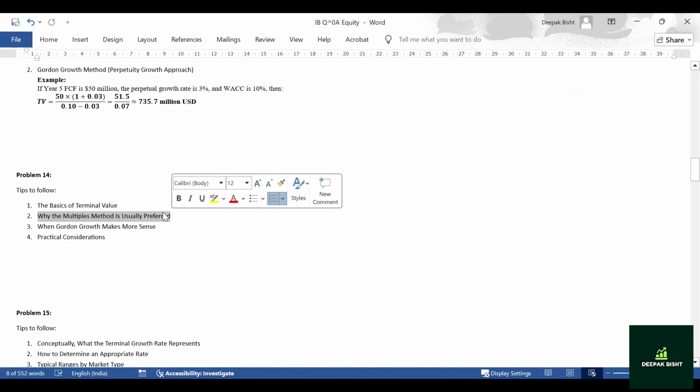The availability of data is also there. It's easier to find market multiples than to estimate a precise long-term growth rate decades into the future. And it's common in banking because analysts can justify their assumptions to the clients and auditors, as they are backed by observable market data.